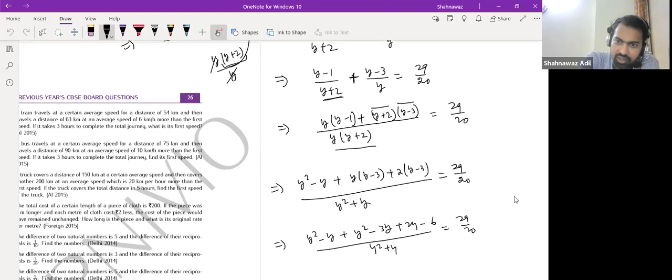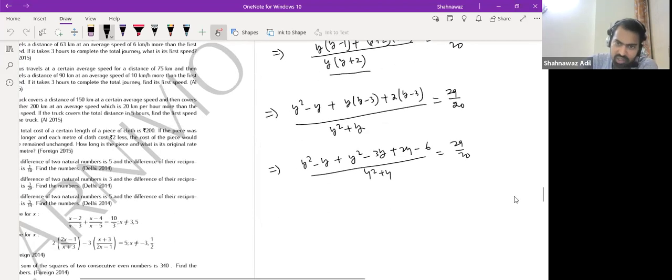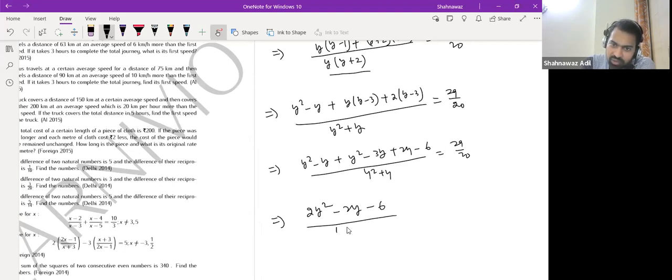I can see. So now we simplify it further. y square plus y square is 2y square, minus y minus 3y is minus 4y, minus 4y plus 2y is minus 2y, minus 6, over y square plus y equals 29 by 20.